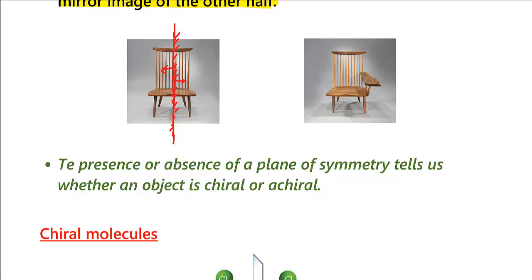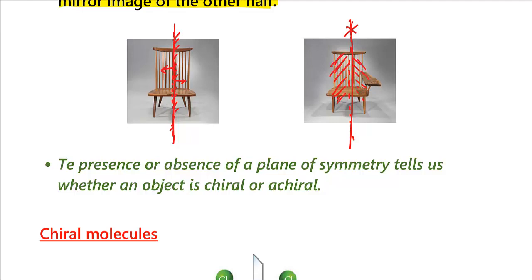But if I see this chair and I place a plane, now this side is not the mirror image, because there is no plane of symmetry. So this is not a plane of symmetry in this case, because this side and this side are not identical.